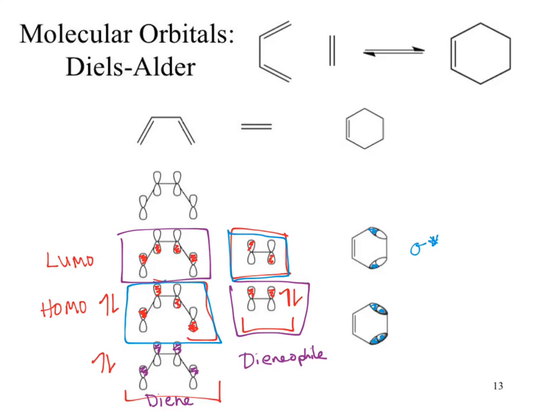Let's try orange. So what you're saying is the HOMO of the Dienophile coming in orange, that orange box, yes? And the bottom one of our diene.